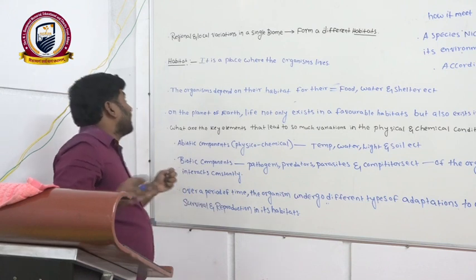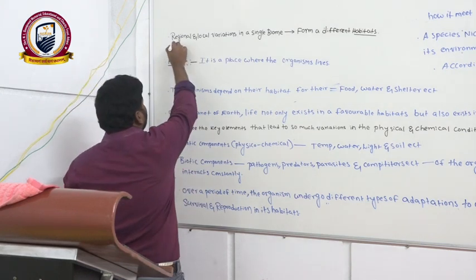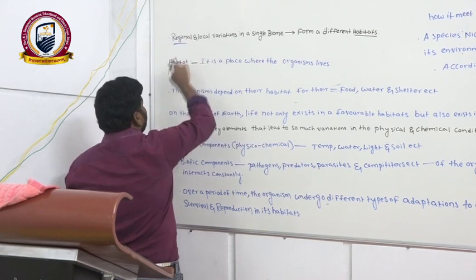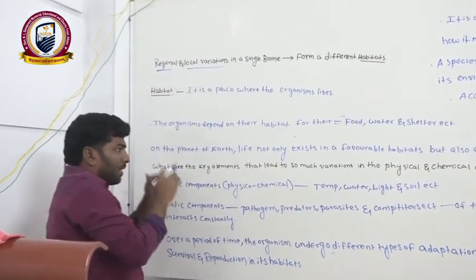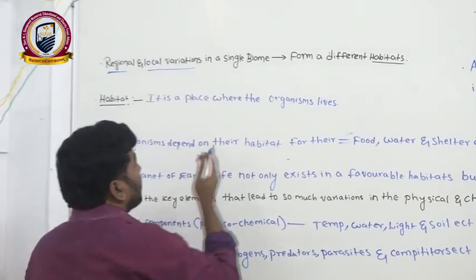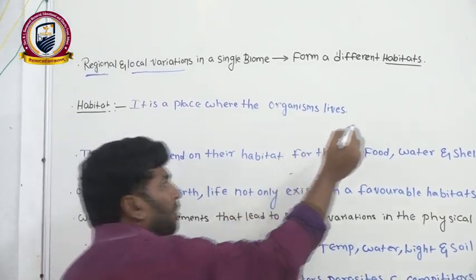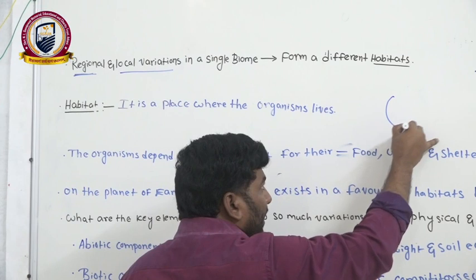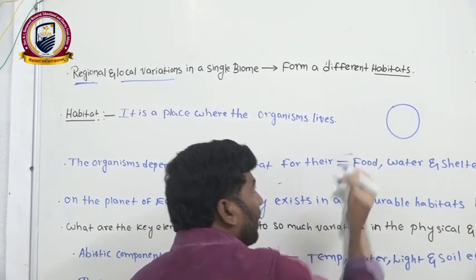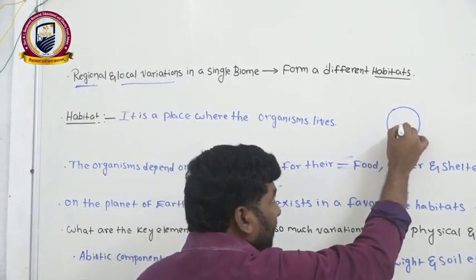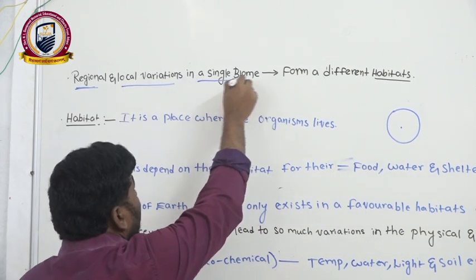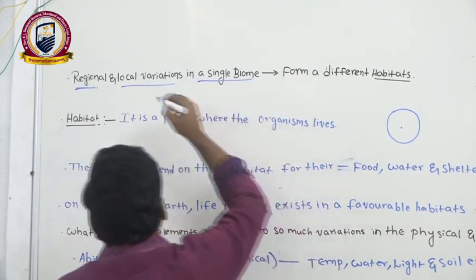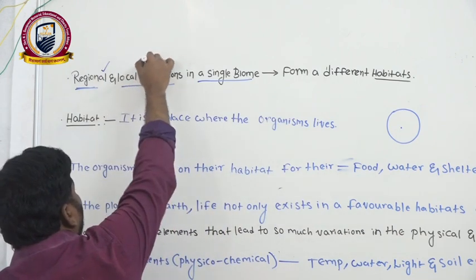Okay, now we can see regional means area, or local variations. Regional or local variations are nothing but the same. For example, if you take this as one biome, inside this single biome, there are regional or local variations.